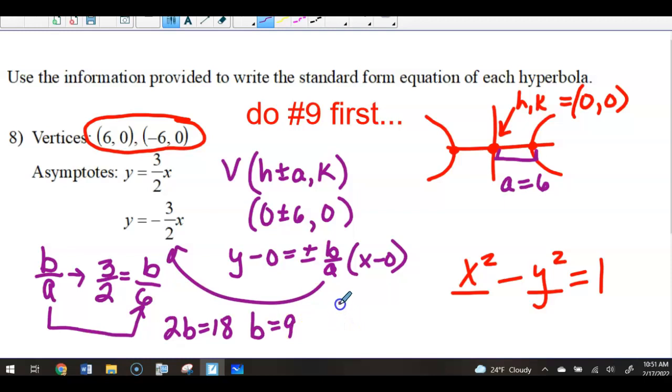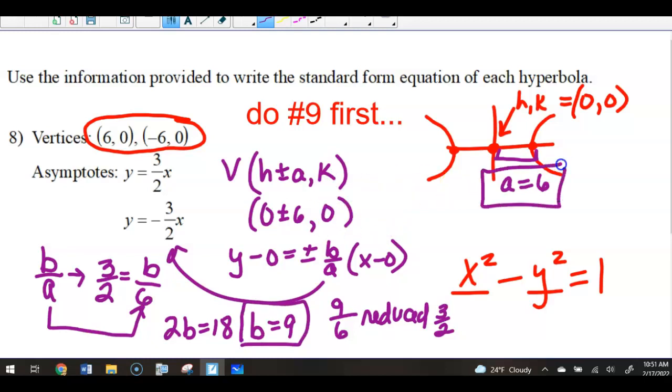So apparently the slope was 9 over 6, and it reduced to 3/2. So b is 9. A, where did we write a? A was 6. So our equation is going to be here over 36, and 9 is 81 for b squared.